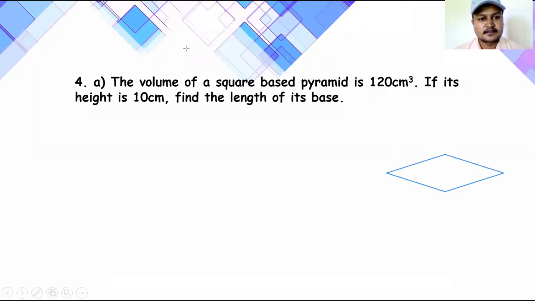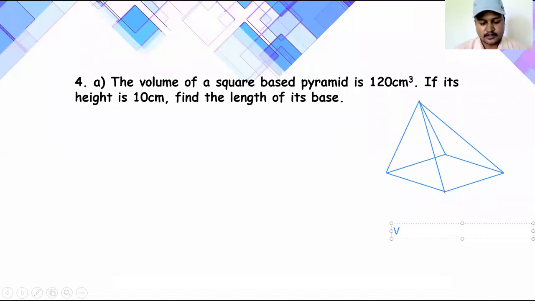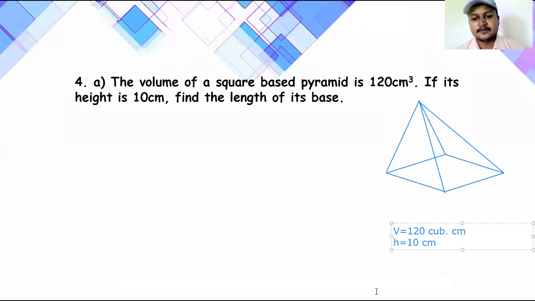So if there is one square based pyramid, values given to us are, volume is equal to 120 cubic centimeter, and next thing given to us is height. Height is 10 centimeter. By using these two values, we have to find out length of base. And in formula of volume, there is 1 by 3 A square H.